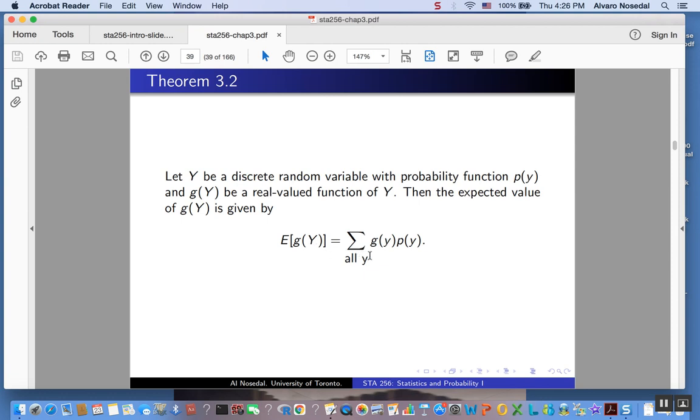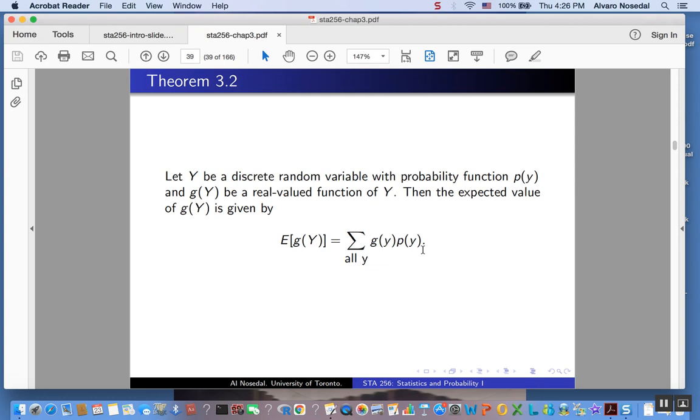Makes sense? And again, remember, the advantage of this theorem is that you don't need to find, as an intermediate step, the probability distribution of your transformation, what we called W. You can find the expected value of W directly using the probability distribution of the original random variable y.